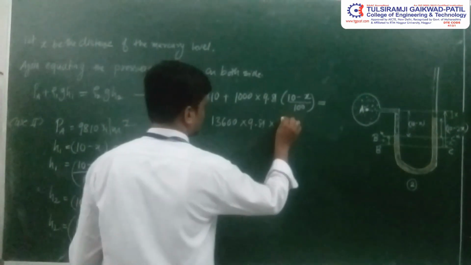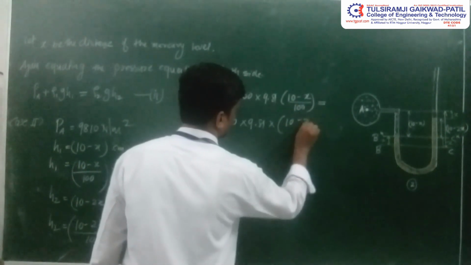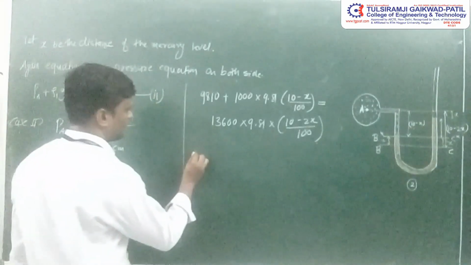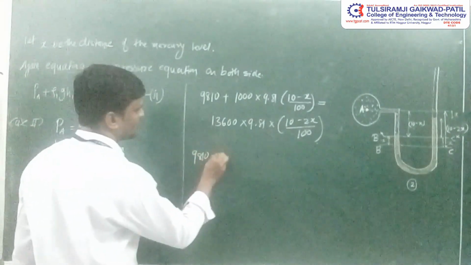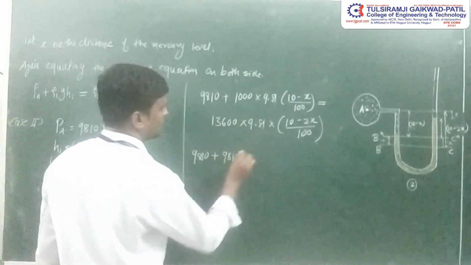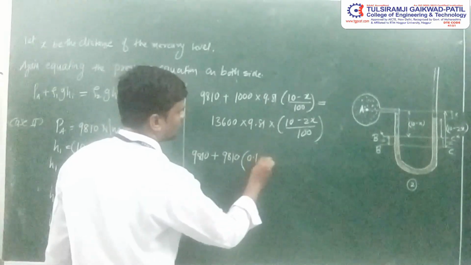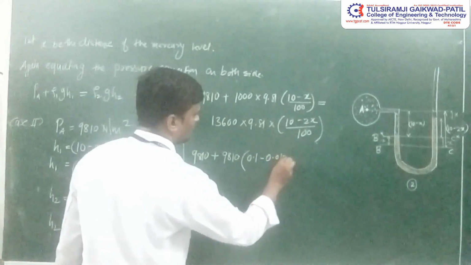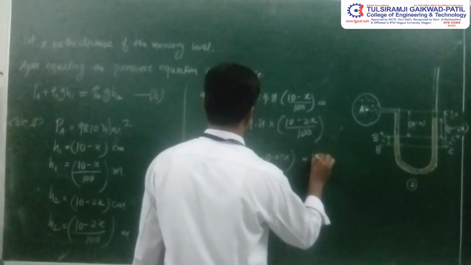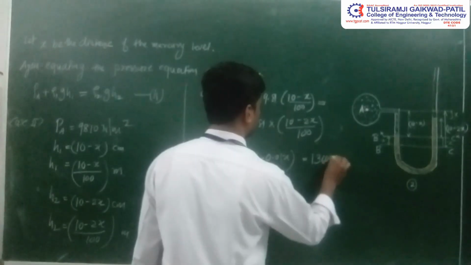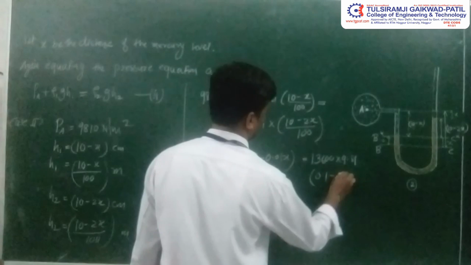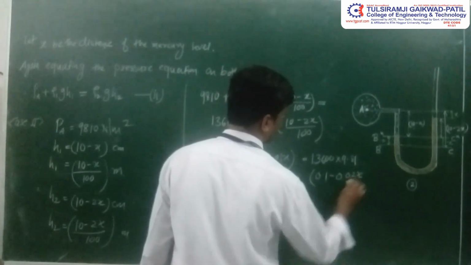Then what is the value of H2? 10 minus 2x upon 100. Now after solving this, 9810 plus 9810 into 0.1 minus 0.01x is equal to 13600 into 9.81 into 0.1 minus 0.02x.